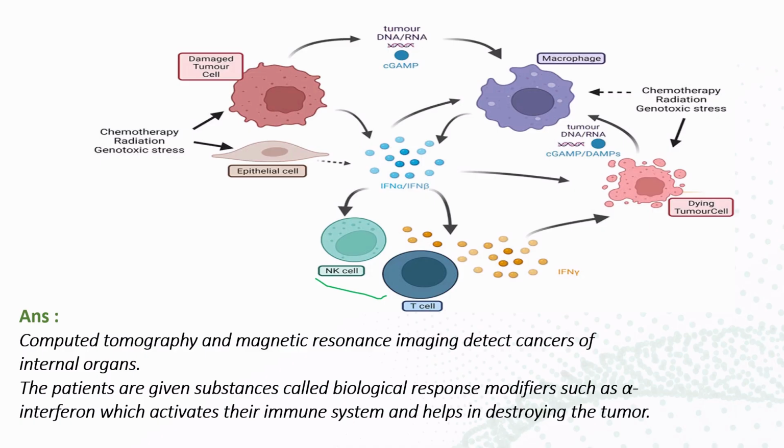They'll enter every part and can kill any tumor cells present in the brain or liver or anywhere. When these interferons enter the tumor cells, they'll decrease the cell count of the tumor cells. So the alpha interferons activate the immune system and help in destroying the tumor cells by decreasing the cell count, means they'll not allow the tumor cells to divide. They'll stop the division of the tumor cells, and like that they'll decrease the cancerous agents causing cancer.